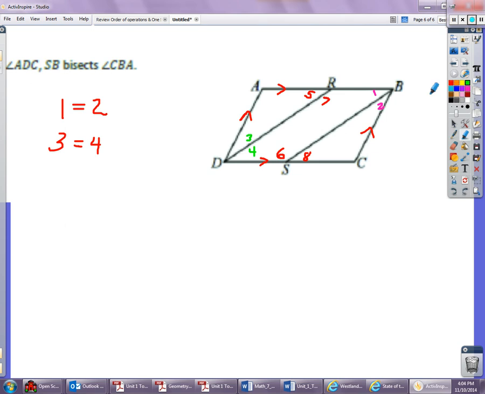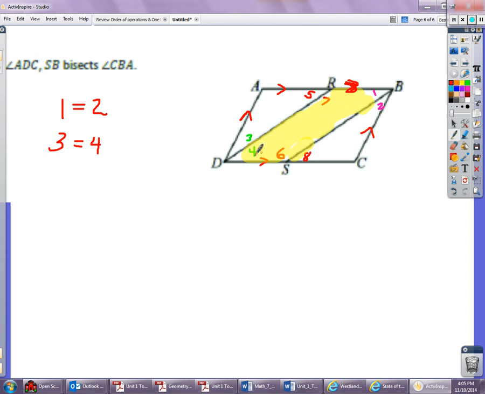Let me make sure I get this right. This right here is a parallelogram, this little small guy right in the middle. Okay? Well, if we prove that all sides are parallel, we can prove it's a parallelogram. Well, we already know one of the sides is parallel. We know this side because the whole thing's a parallelogram. So we have one of the sides. So we basically have to prove these diagonal lines right here are parallel to each other.